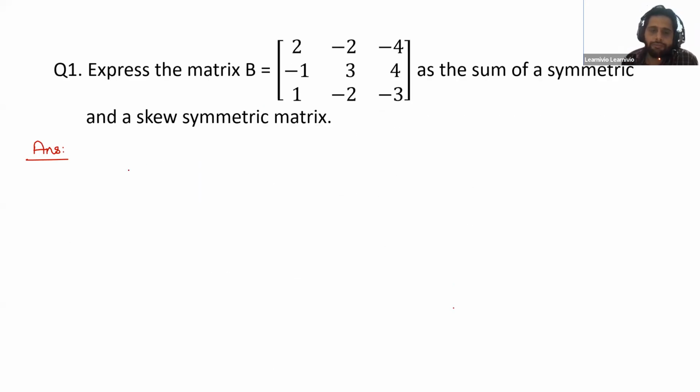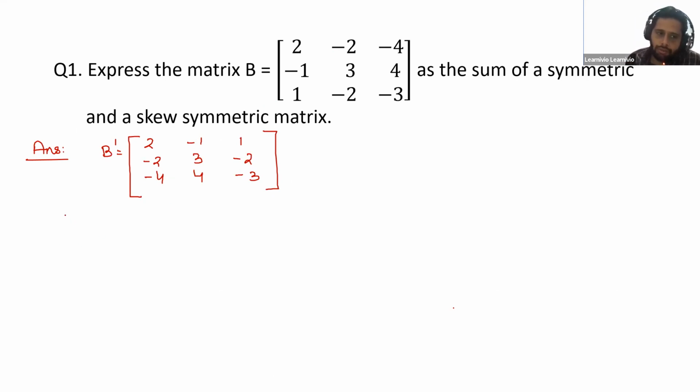So first of all, we will find B transpose. B transpose will be 2, minus 2, minus 4, next is minus 1, 3, 4, then 1, minus 2, minus 3. Okay, we have found the transpose of this.